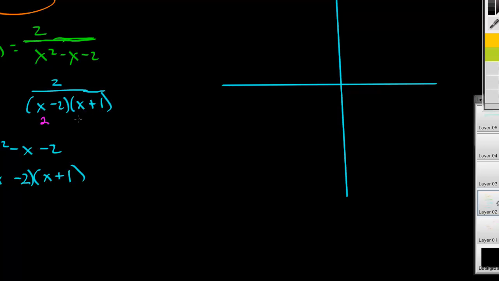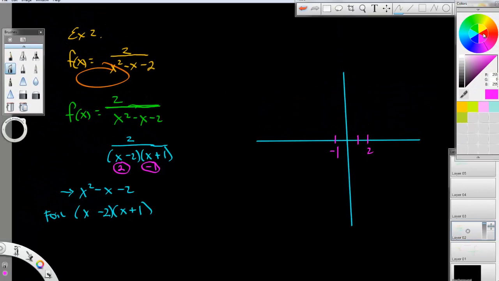And I think you can see that that's -1. So I'm going to have two vertical asymptotes at 2 and -1. So I'm going to have my vertical asymptotes. I'll do those in red each time I do them, coming down like this.